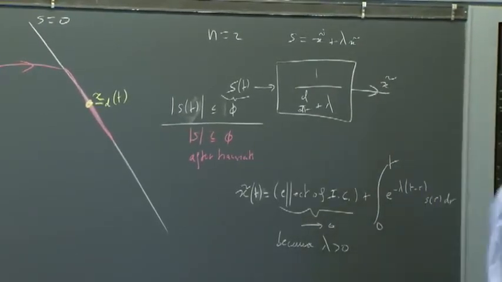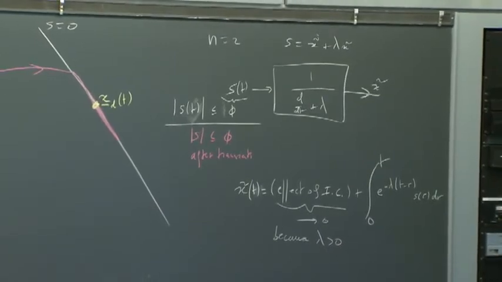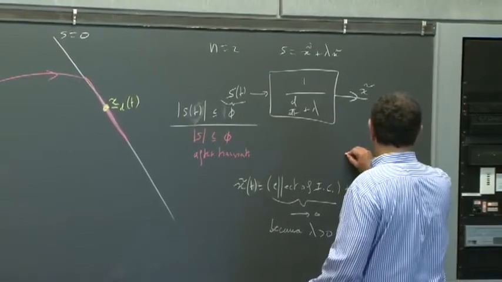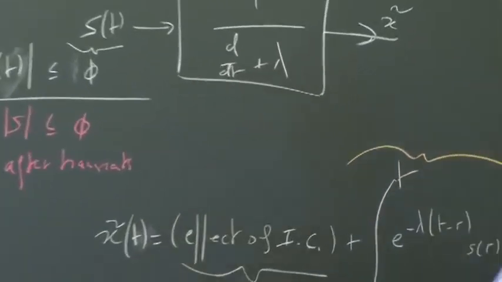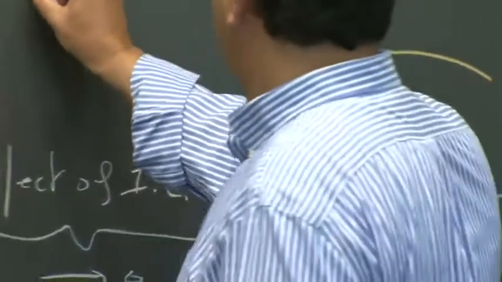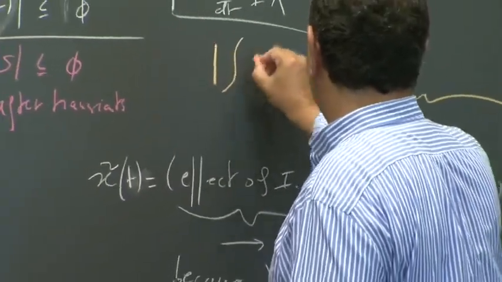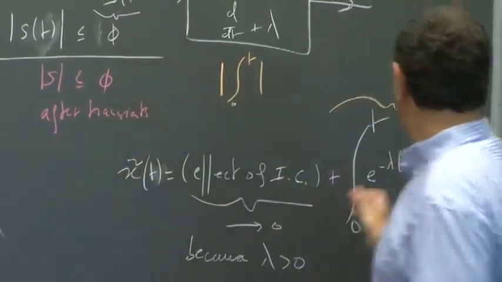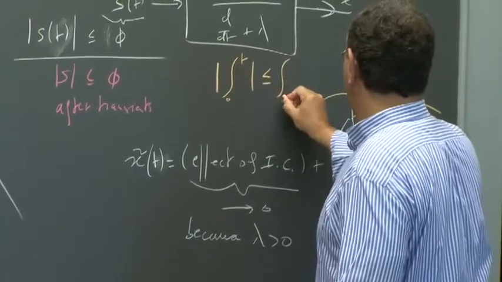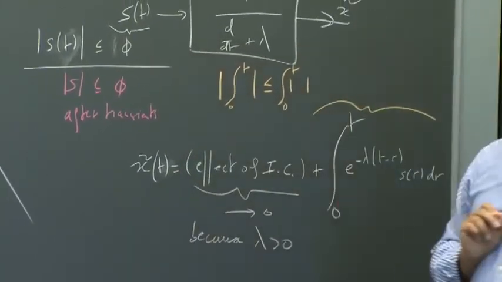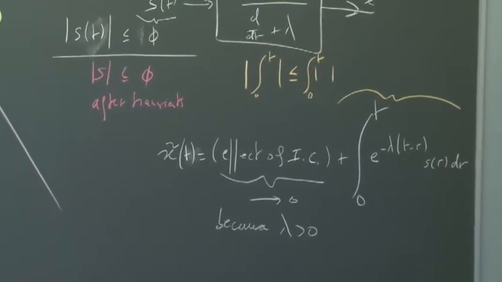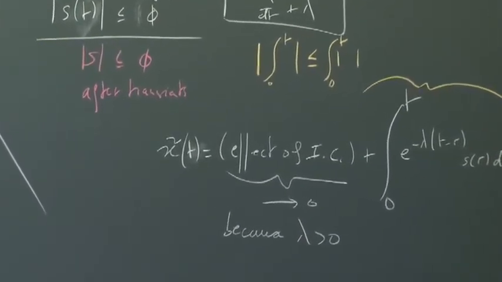Now, maybe we can pick another color. What can we say about this term? If we look at the absolute value, I won't rewrite everything, the absolute value of this integral is, of course, less than the integral of the absolute value. The absolute value of the sum is less than the sum of the absolute values.